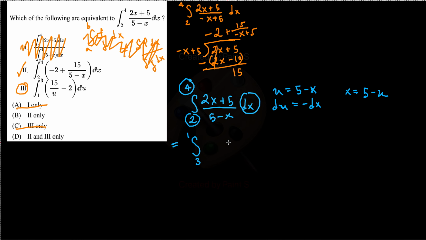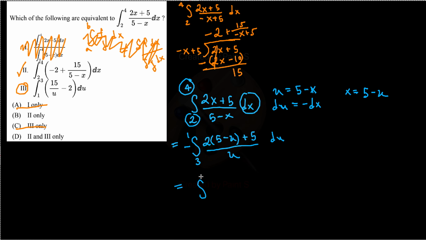And then now I substitute everything in. So I get 2 times, instead of writing x, I write 5 minus u, plus 5, over the whole thing is u, and then instead of dx I'm going to put negative du, because I know negative du is equal to dx. Now these bounds are in reverse order. I have the lower bound being higher, so I'm going to flip them and make the integral negative.